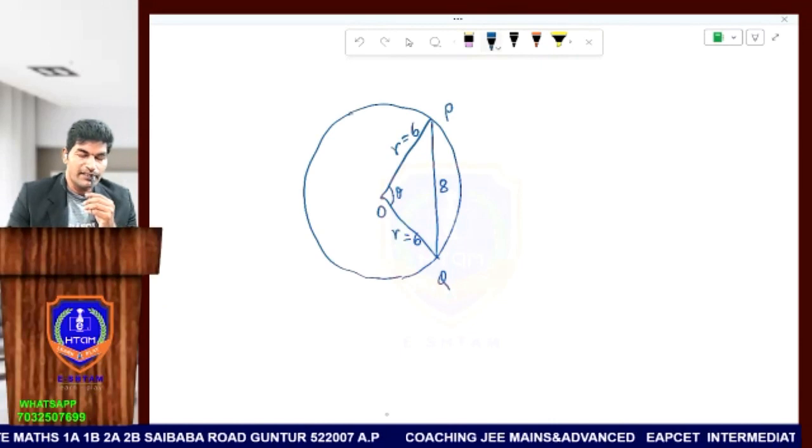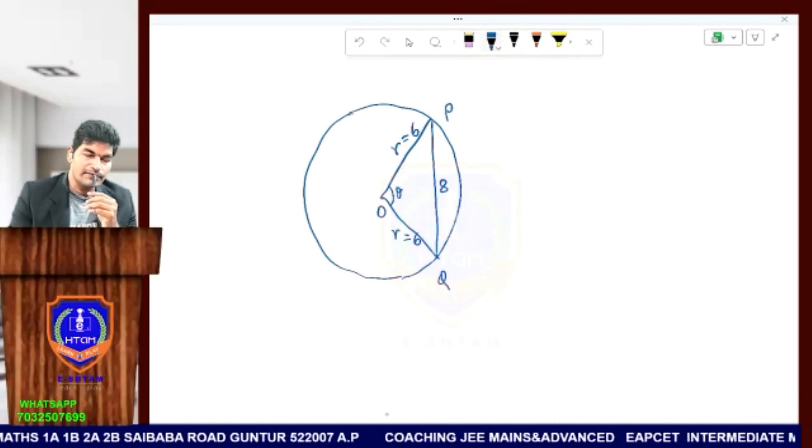We want the perimeter and the area of the segment.